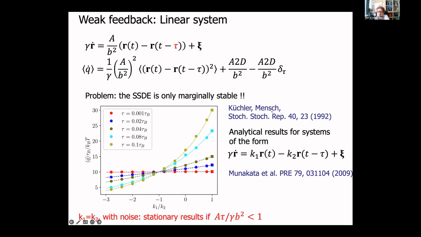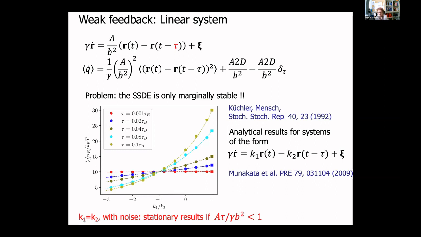This has been analyzed. If you have more general prefactors as written here, this K1 and K2, you can immediately calculate this heat dissipation. But with the problem at hand, we are, so to speak, at the boundary of this stability region in the linear case.